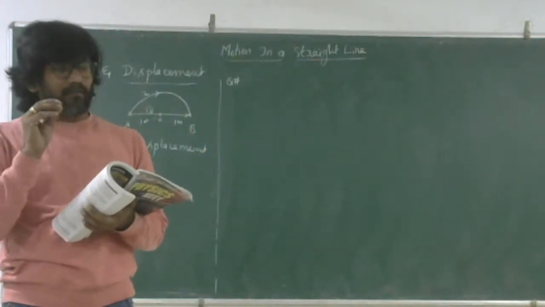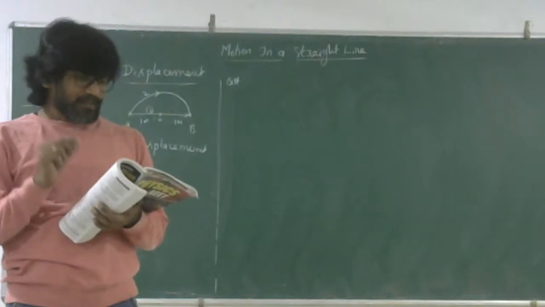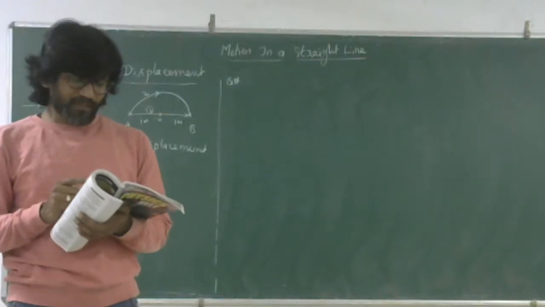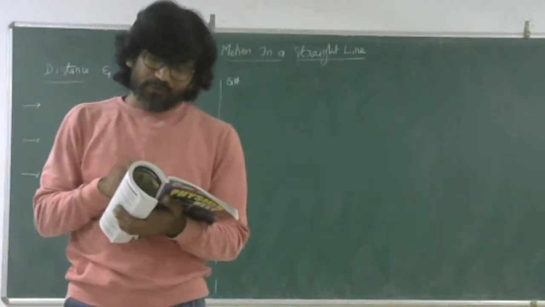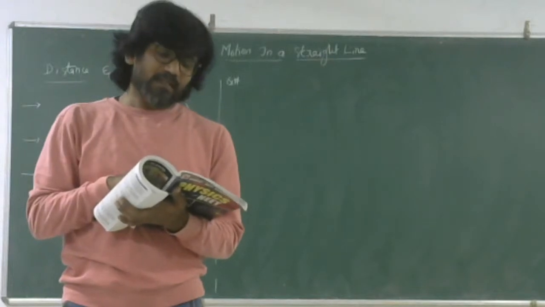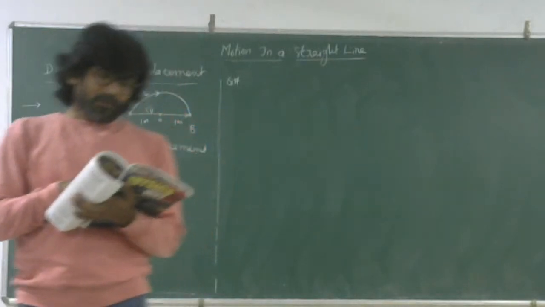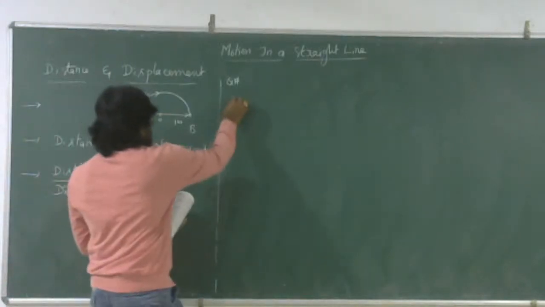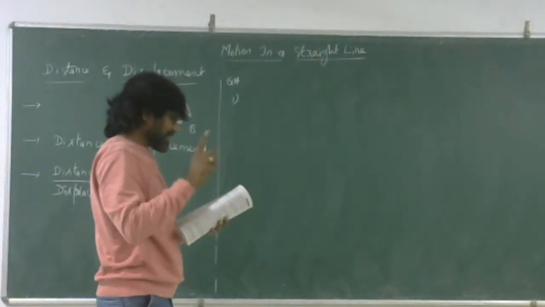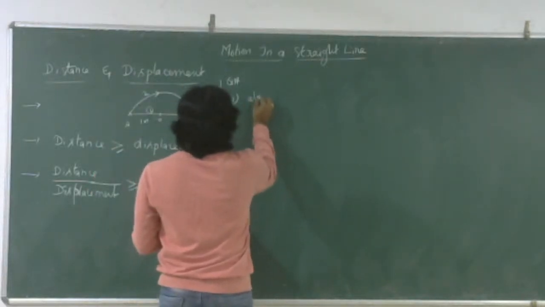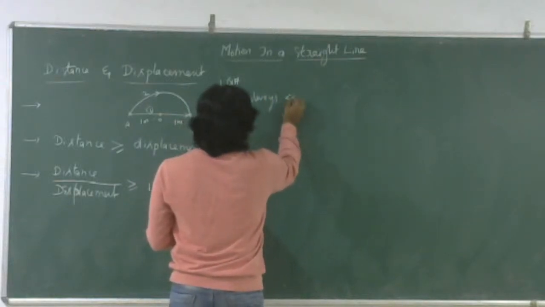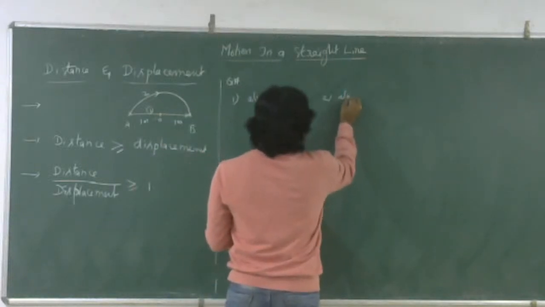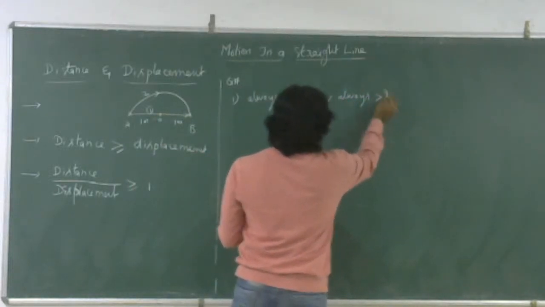I will give you the options also. The numerical ratio of displacement to distance is. First option, always less than 1. Second option, always greater than 1.